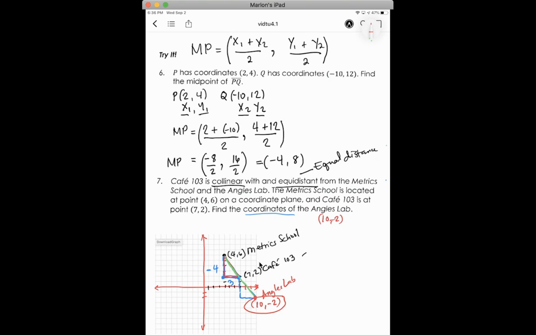How do we know that we did the right thing for the midpoint? So let's analyze that answer, or let's justify that using the midpoint formula.